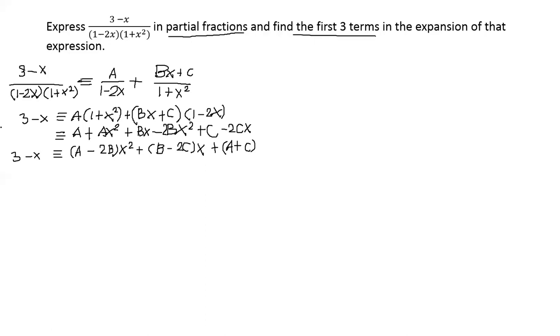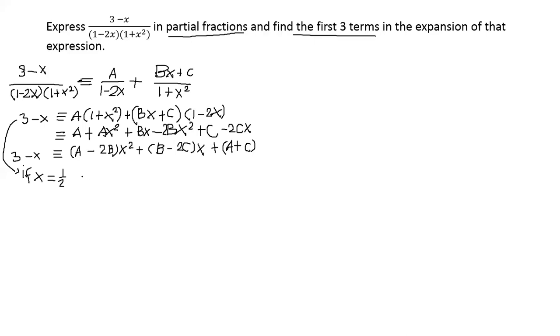And look at these equations. If this denominator is 1 minus 2x, so if x equals a half, okay, because if x equals a half, 1 minus 1 equals 0.